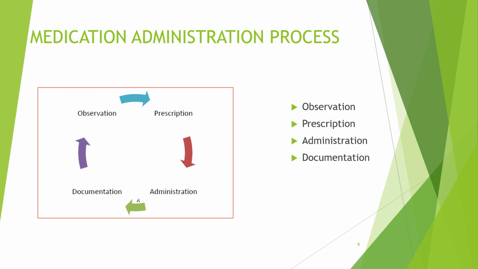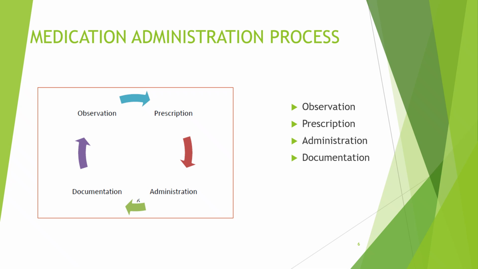Medication administration process. Medication administration is more than simply handing out medication. It is a cycle that includes four areas: observation, prescription, administration, and documentation. Each of these areas is important and leads to another area.